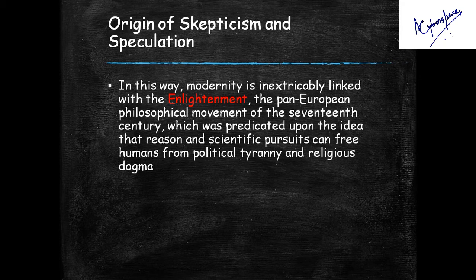You can go through my lectures on the modernist writers, so that you would understand how this idea of modernity, which is extremely inextricably linked with the idea of enlightenment, got critiqued by several writers and artists of the 20th century.